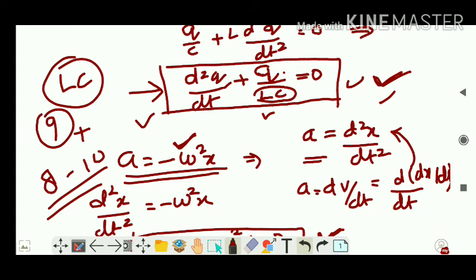If the question is only for 5 marks, you just draw the 9 figures and explain in words. And if the separate question is to explain mathematically how the LC circuit undergoes an oscillatory motion, then you just have to describe this mathematical expression. Clear? Okay. Now let's move on.